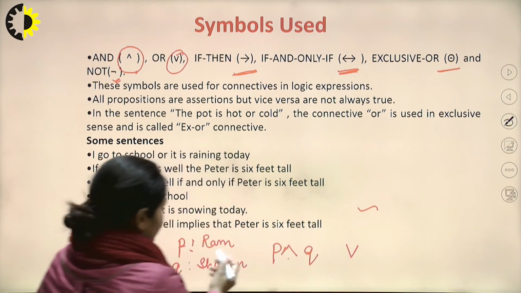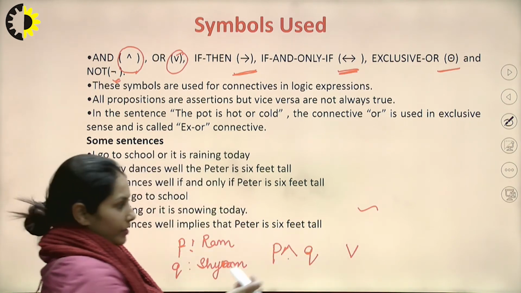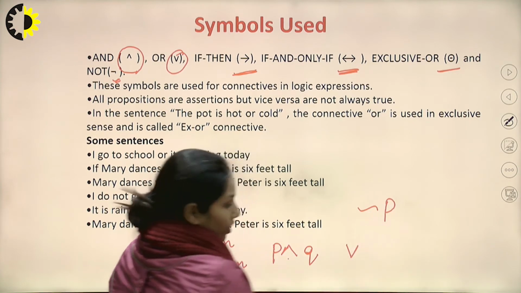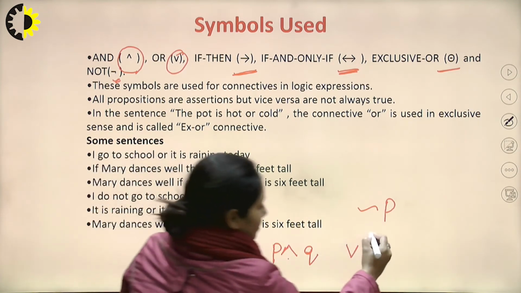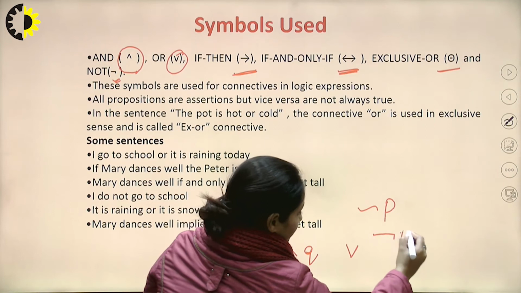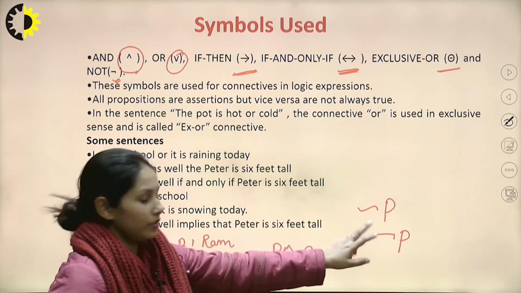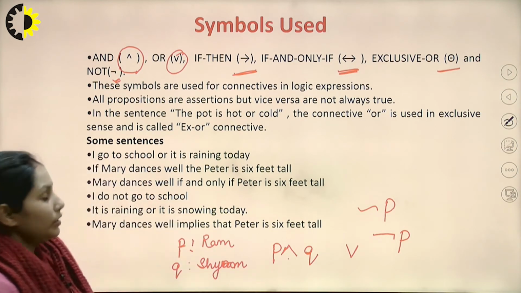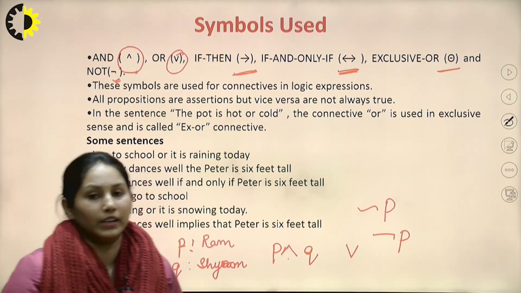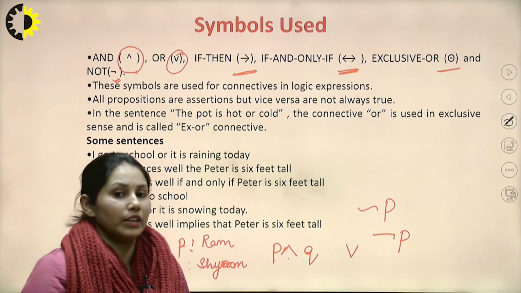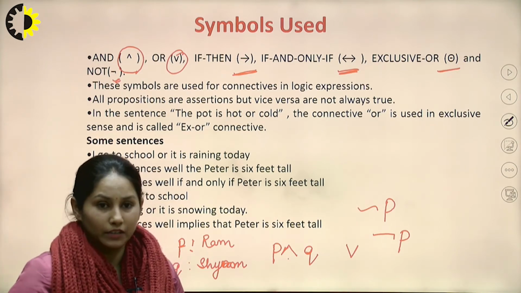If P is representing Ram, then not Ram will be the negation of P. This is negation, or you can easily write it like this. This is also negation. So this is used for not. Now these particular symbols are used for the connectives when we are reducing statements into mathematical form.